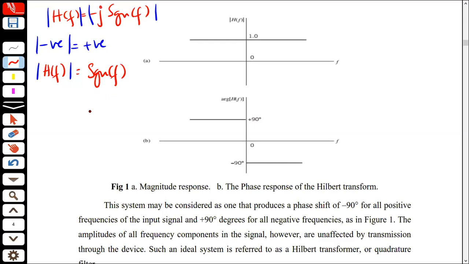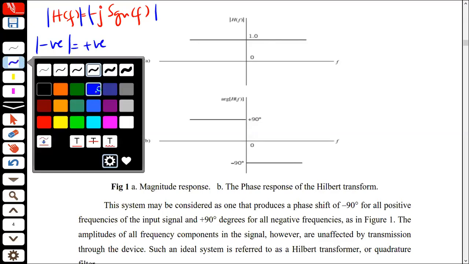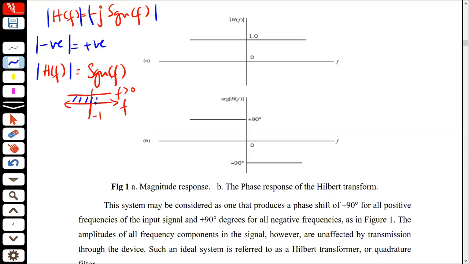Again, the signum function behaves like this. For frequency greater than 0, it has positive 1, and for frequency lesser than 0, it has negative 1. But this entire negative part now flips because of the modulus operator. The negative part jumps onto the upper half, such that we have only the positive portion.